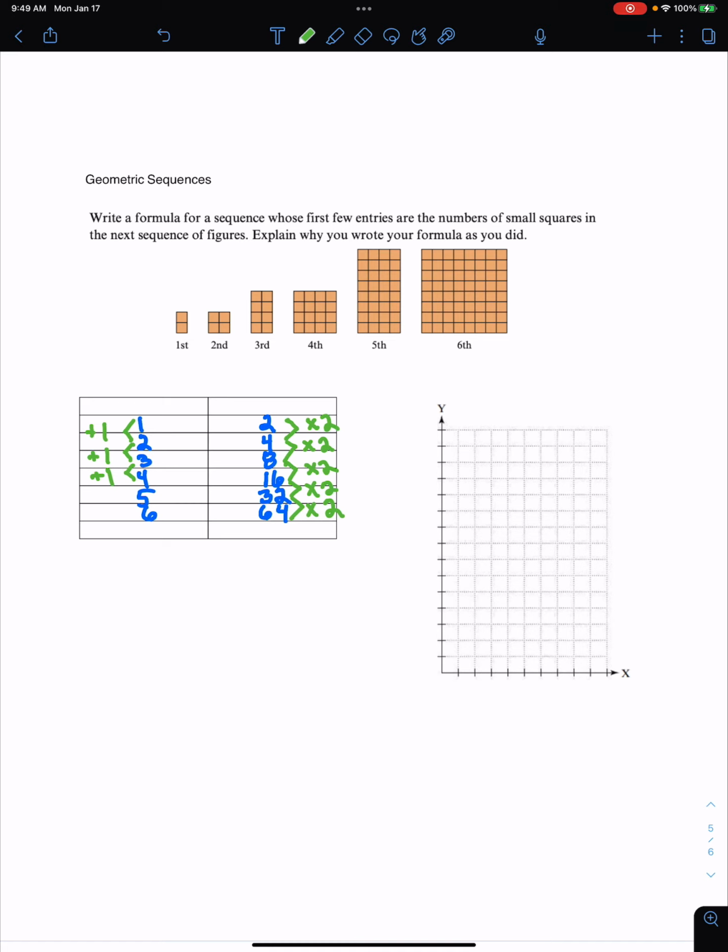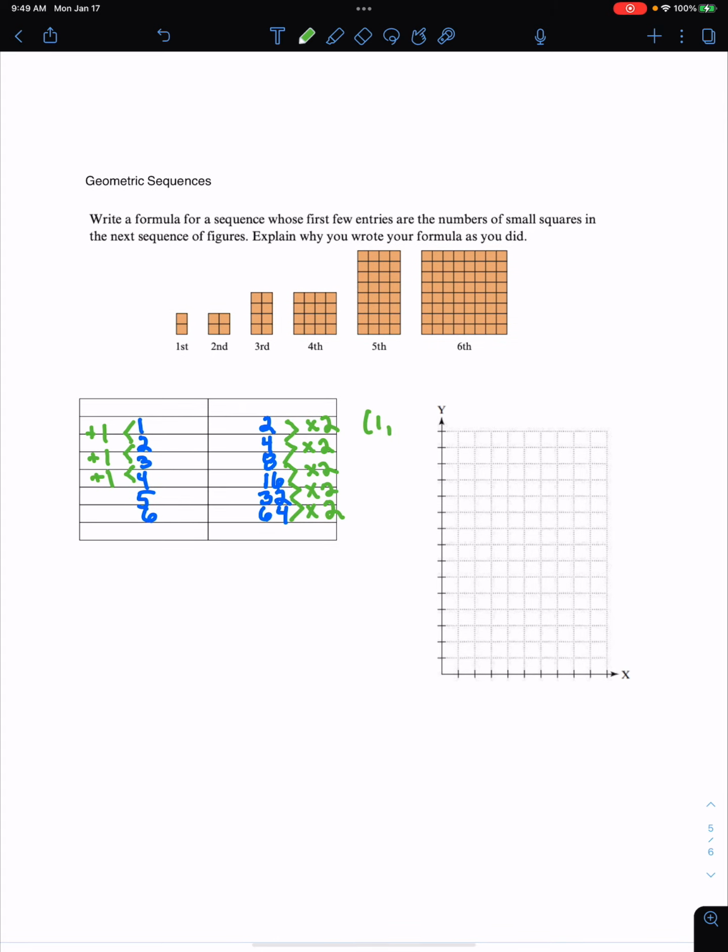So for our first entry, we go over 1 and up 2. Then for the next entry, we go over 2, up 4. The next entry, we go over 3, up 8.